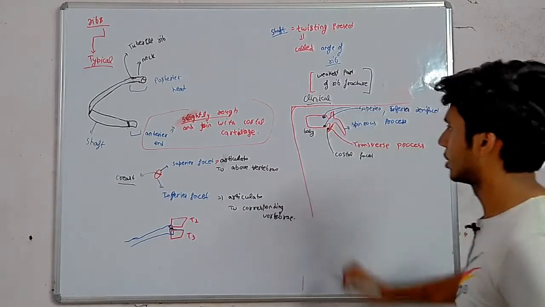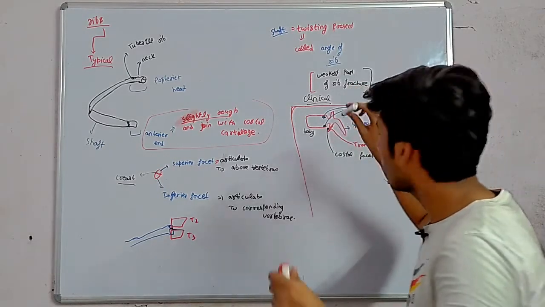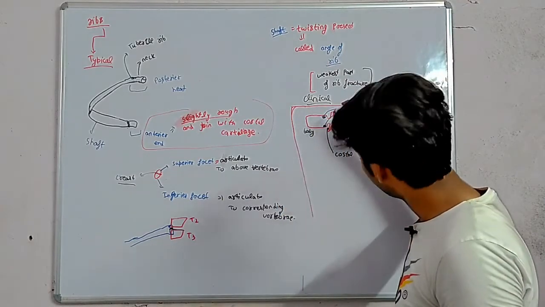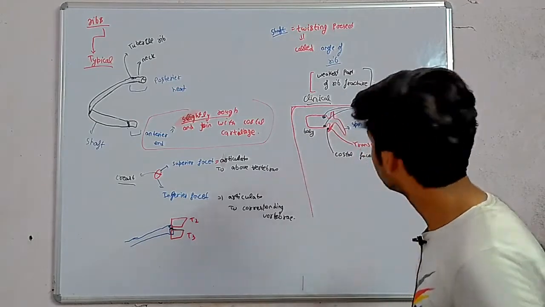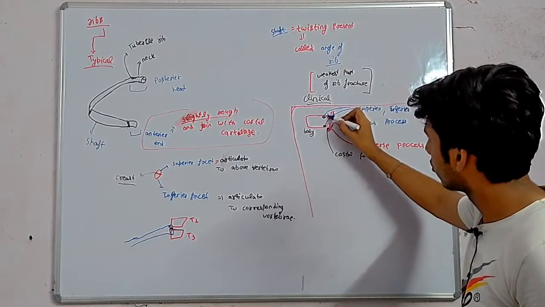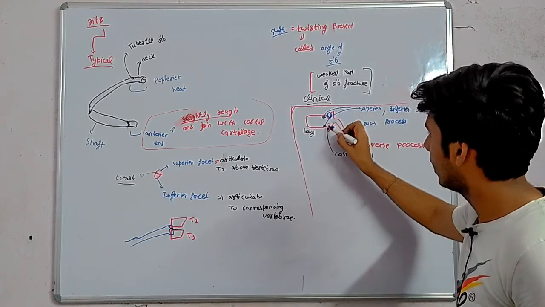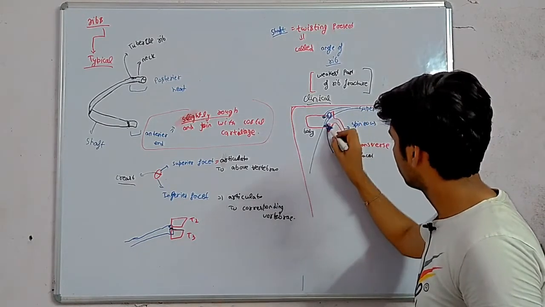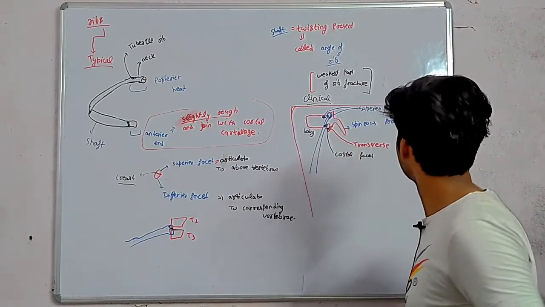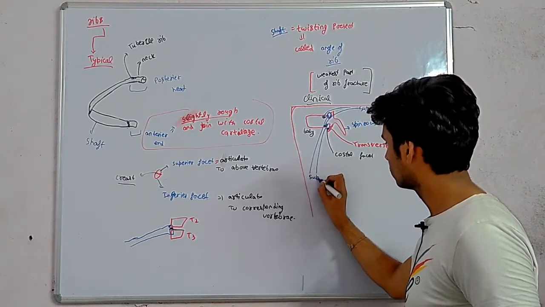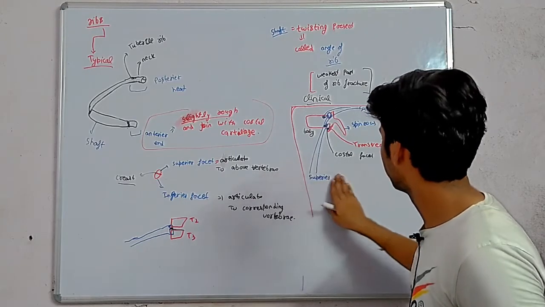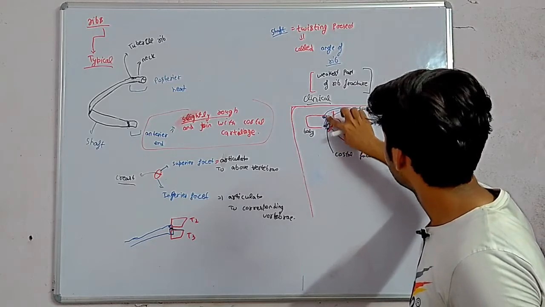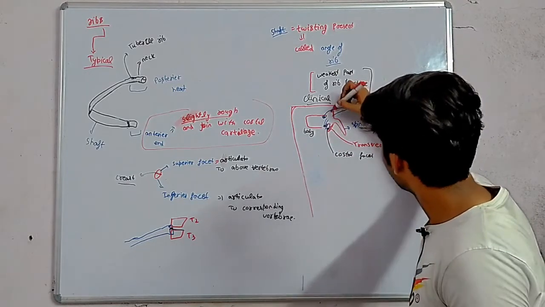Now talk about this section. This is the portion, a small projection, small area like a small canal. This is the superior vertebral facet and inferior vertebral facet. First complete this.